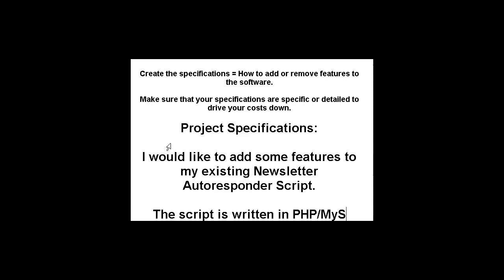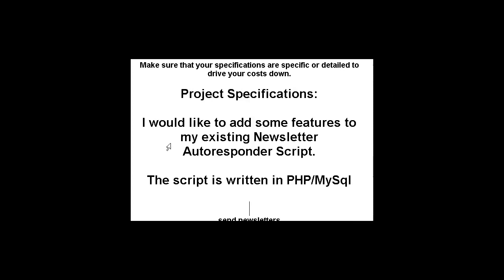The one thing about scriptlance.com and rentacoder.com is they allow you to choose programmers, or even tell programmers that your project is written in PHP and MySQL. That way you target people who are in PHP and MySQL. And when you do that, you get people who are programmers in that area, so they're not guessing. So you say the script is written in PHP and MySQL.